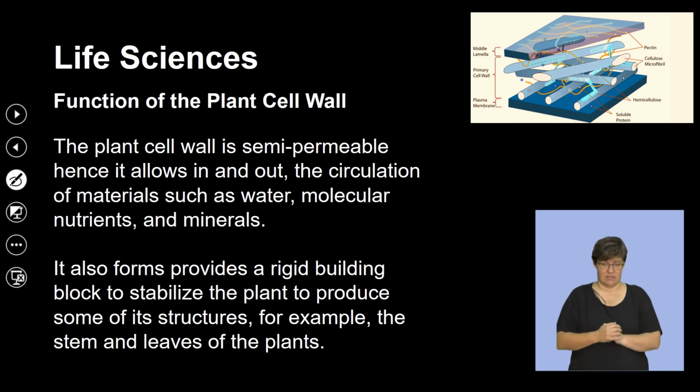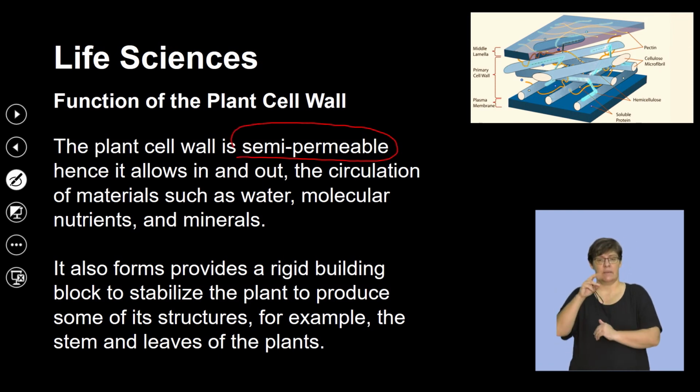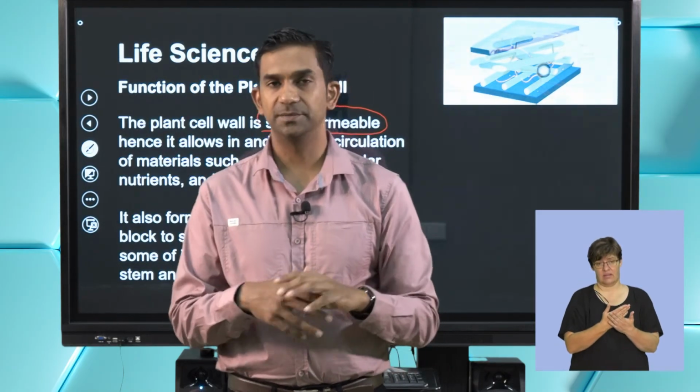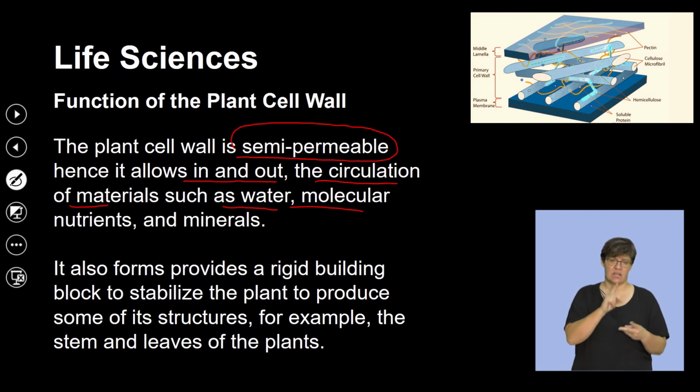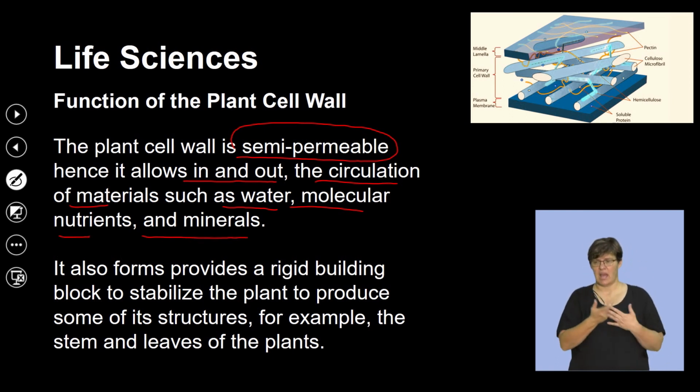The plant cell wall is a semi-permeable membrane. Semi-permeable means it's not impermeable. It allows some substances to pass through, and hence semi-permeable. So it allows movement in and out and the circulation of materials such as water, molecular nutrients, and minerals through the membrane.